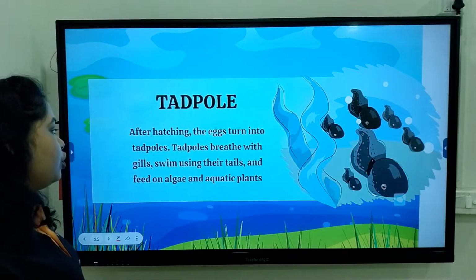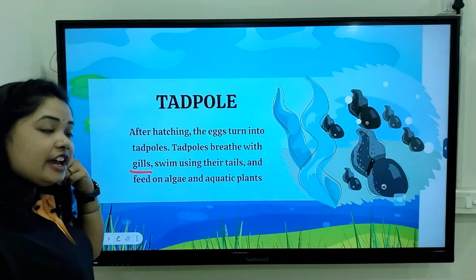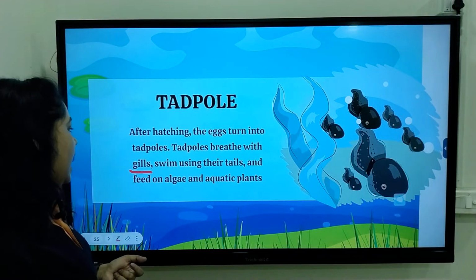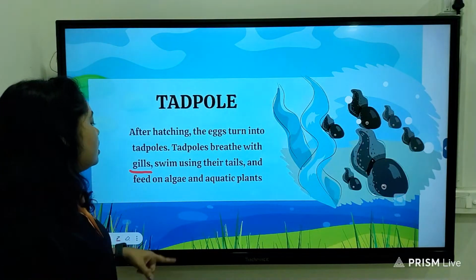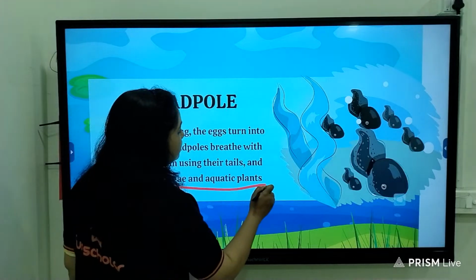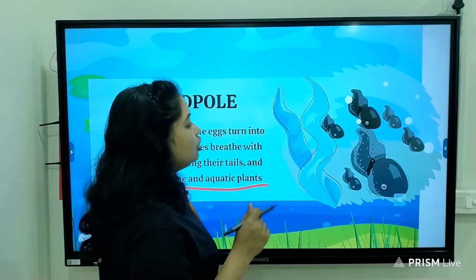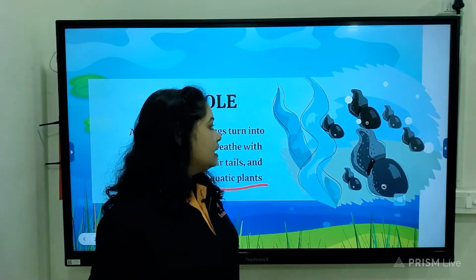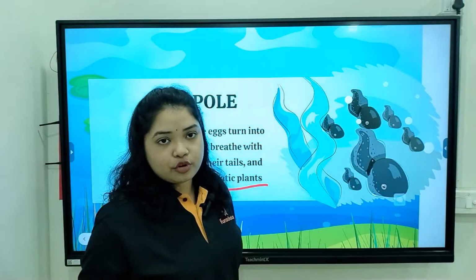Now these tadpoles breathe with the help of gills. Just like fish, they have gills as breathing organs, and they swim using their tails and feed on algae and aquatic plants. In this stage they can swim very well because they have tails, and they do not actually look like an adult frog at all.